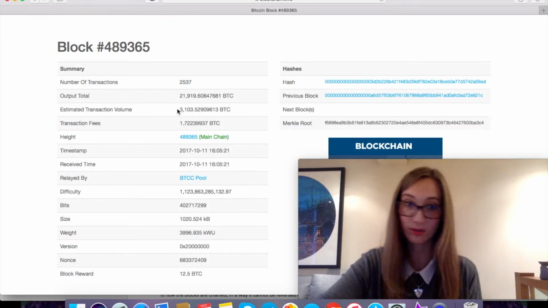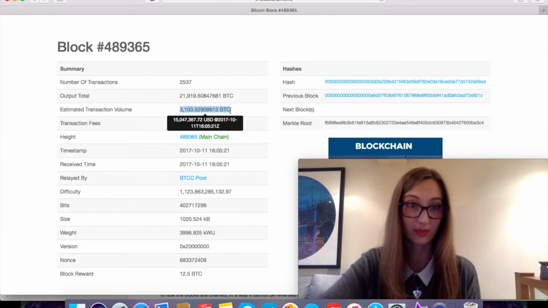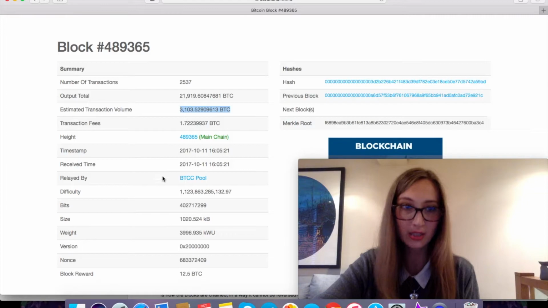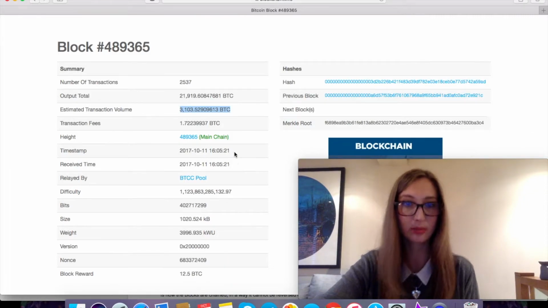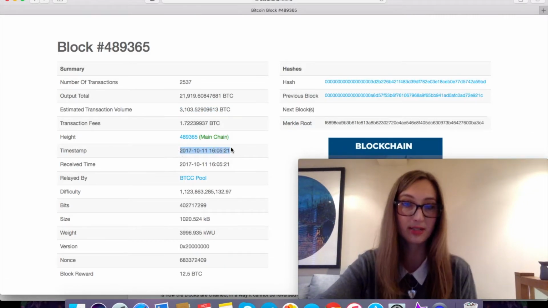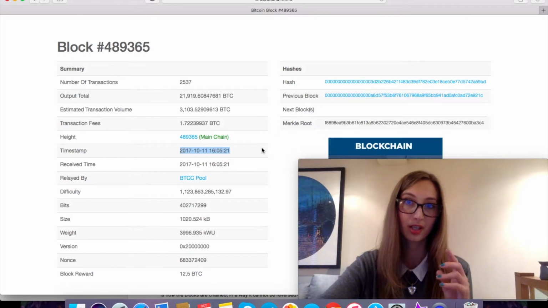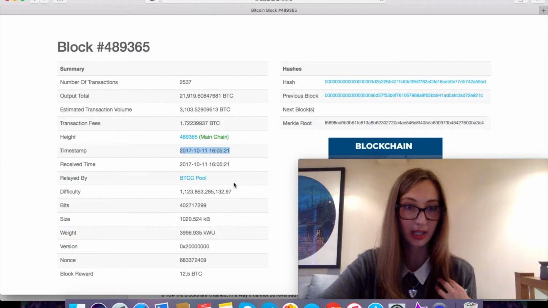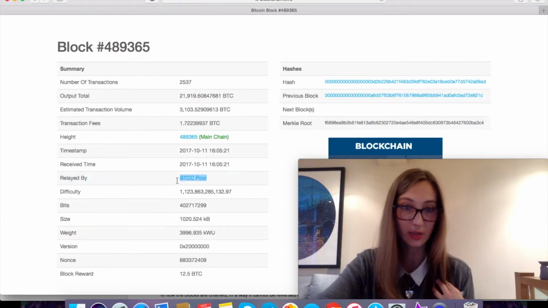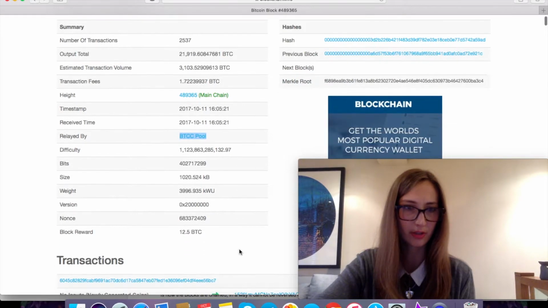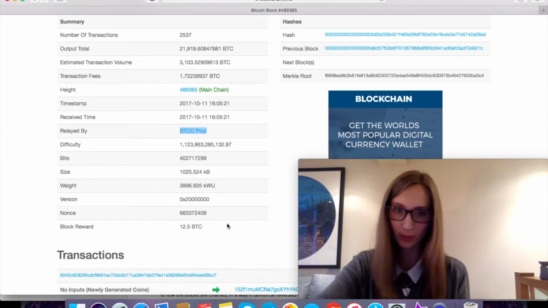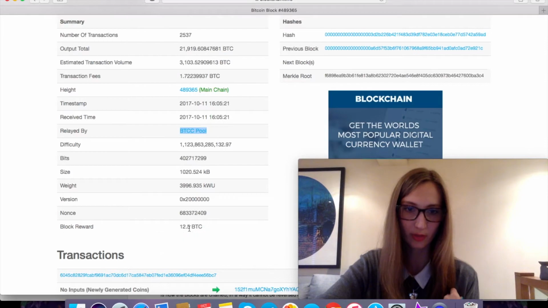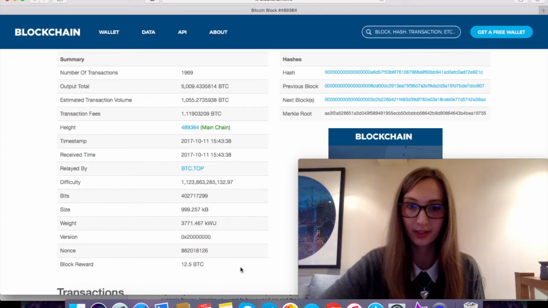And this is the estimated transaction volume. It contains the fees. Timestamp, for example, represents the time when the block was discovered. And here we see who discovered it, and in this situation it is BTCC pool. And if we scroll a bit more down, you see that the block reward is, as I mentioned, 12.5 Bitcoin.